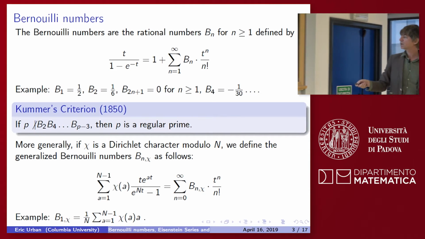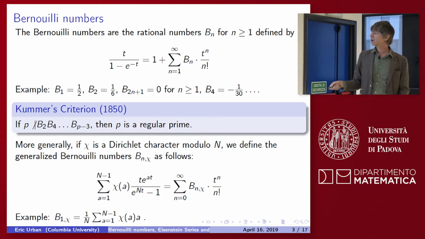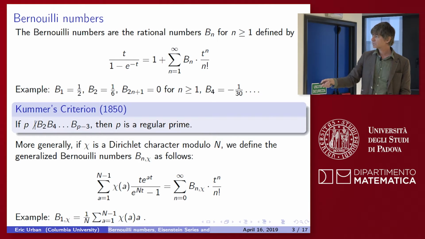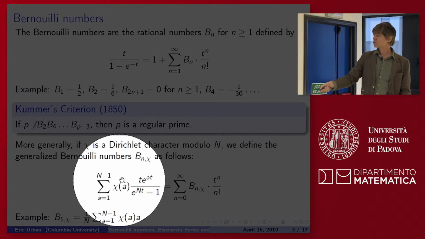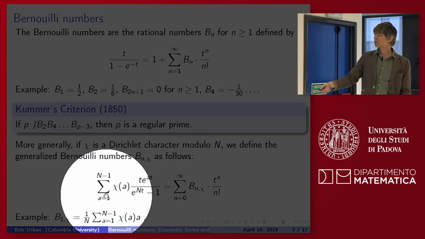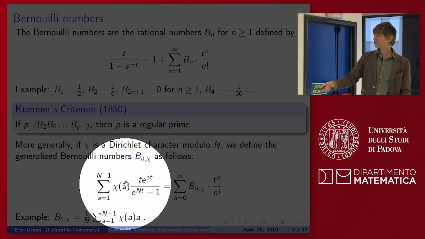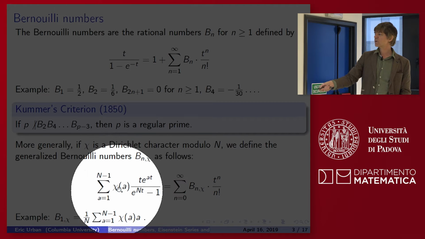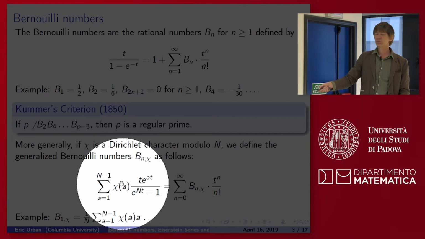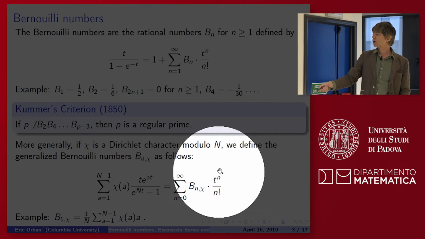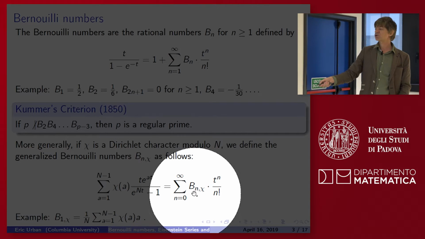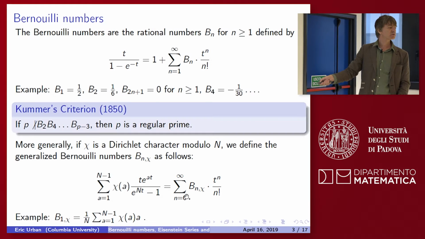So it makes sense to do this computation from a equals 1 to n minus 1, and so you look at this power series now, which has coefficients in C, and then you can define the generalized Bernoulli number like this.